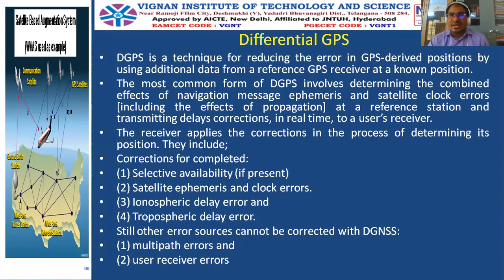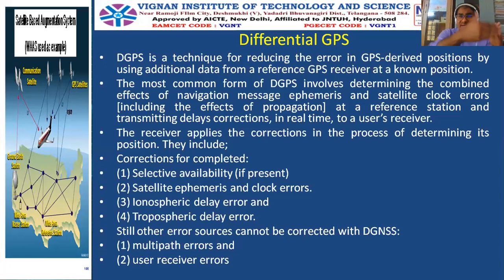And user-induced errors. Intentionally, users will induce some errors into our GPS system. They are not covered, because those errors are induced into the user, not to the reference station. And the reference station doesn't know this information that there is an error induced by the user. And also the multipath error.